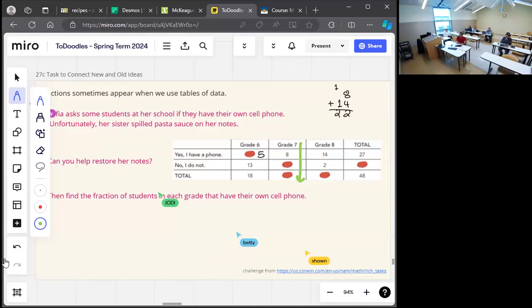We can't really solve for 2 numbers at once. If we look at the 8th grade, only 1 number is missing. We can probably figure out what it is. I would say go with the total. So what's the total of 14 and 2? It's 16, so this one has to be 16.